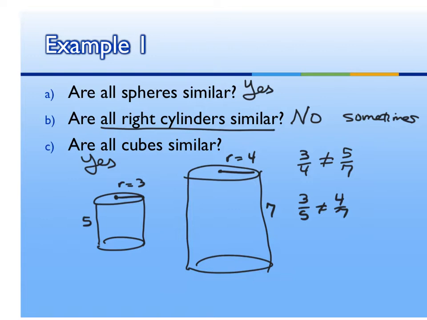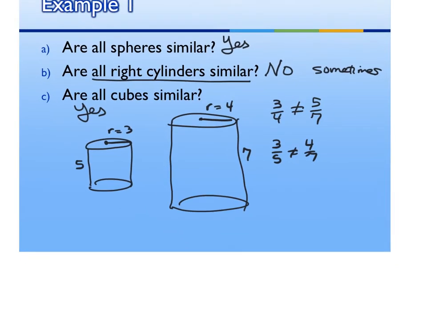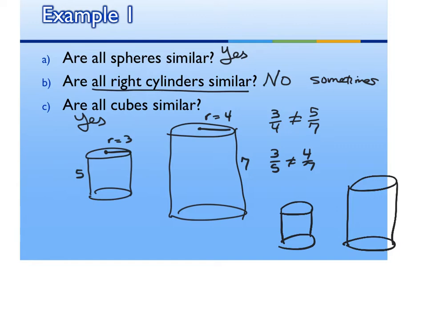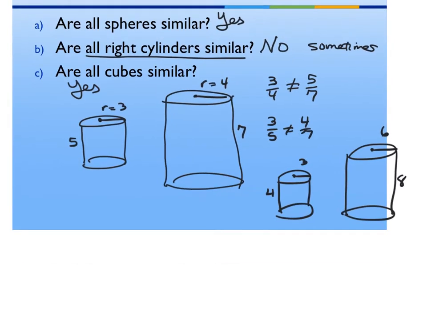Now let me show you an example where they would be similar. Let's say I draw a small one here and then another larger one. So let's say I told you the radius was 3. This radius is 6. And then 4 and 8. Does that make sense? So now I can do this two ways.